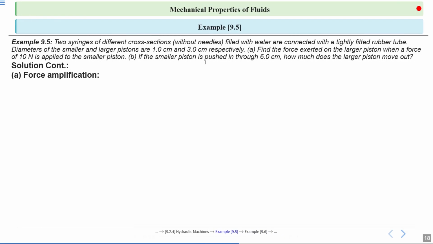Let's start by discussing force amplification. When a force is applied to a fluid in a confined space, it can be transmitted to another area with a different cross section, resulting in a different force. A1 equals pi into d1 upon 2 whole square.